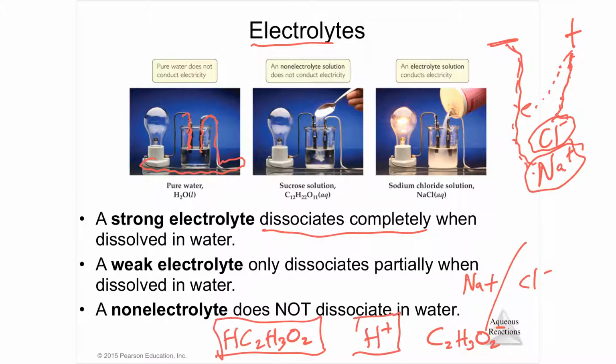So all three of these will be in the water. That is what weak electrolyte means. It means the electricity is based upon the amount of charged particles that you have. And so since not all of this is going into charged particles, some of it's staying complete, it would light the bulb, but it wouldn't be very bright.